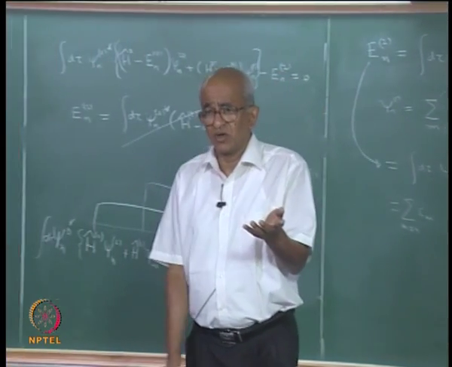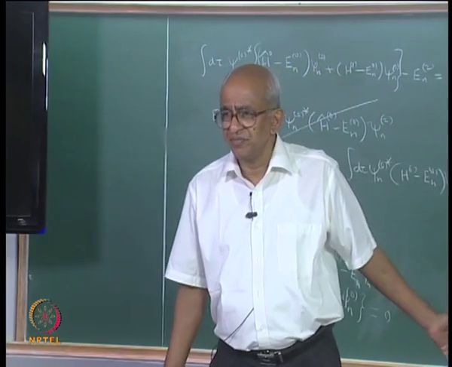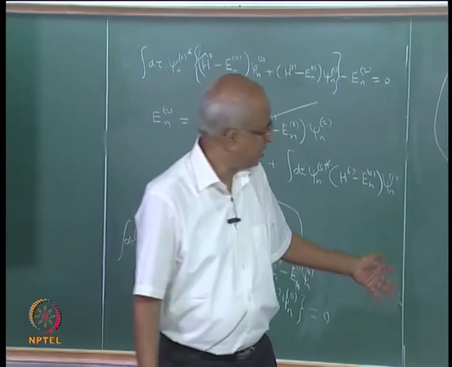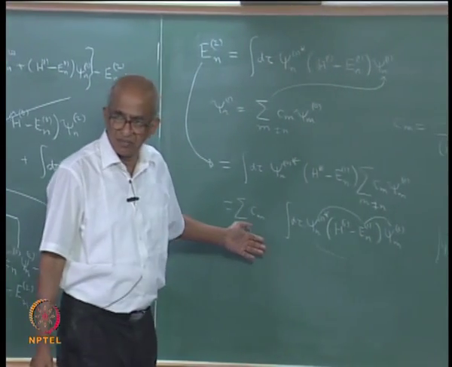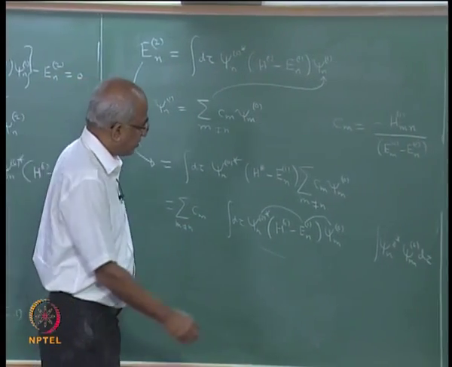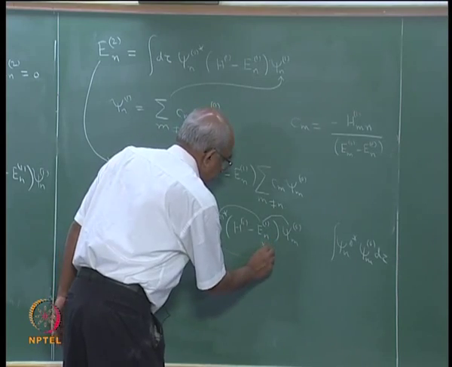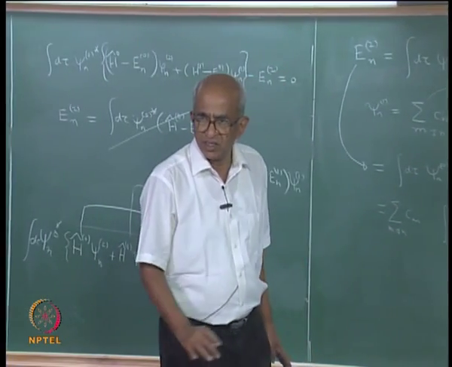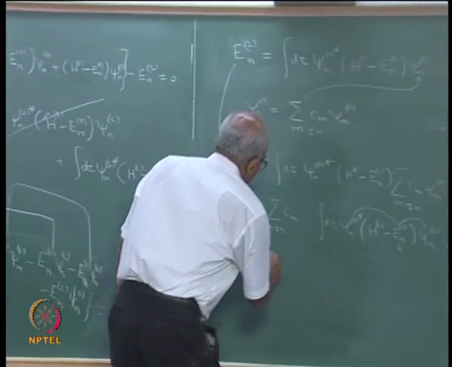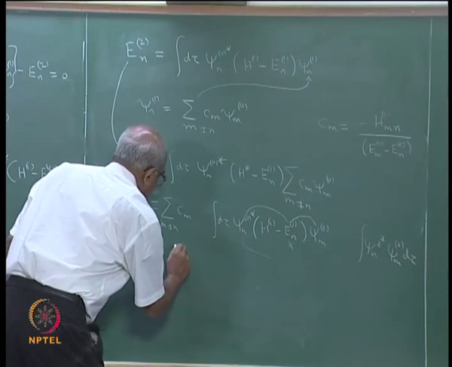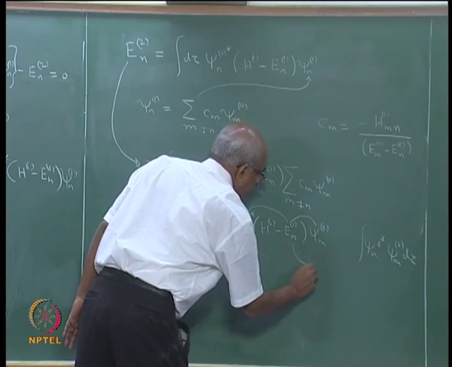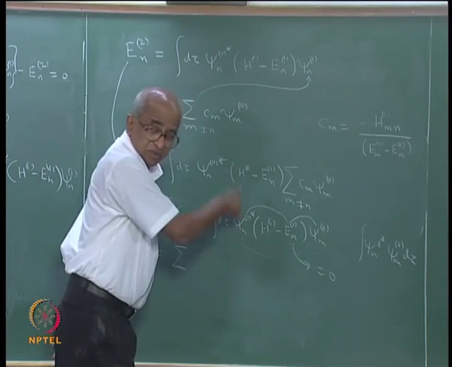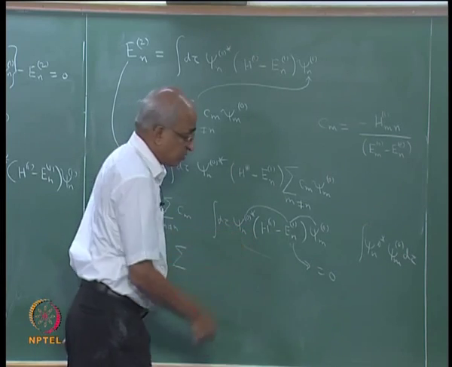The functions are orthogonal, and therefore this has to be 0 unless m is equal to n, but the m equal to n term is not there in the sum. So the term involving En1 does not contribute, it is identically equal to 0, and I can just remove that. En1 is not 0, but the term involving that is equal to 0.